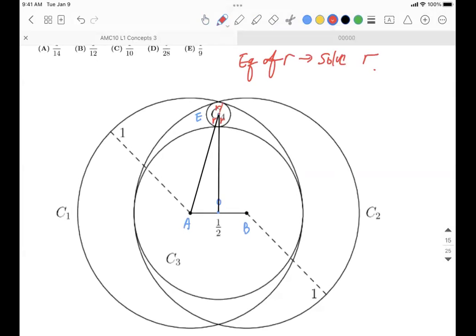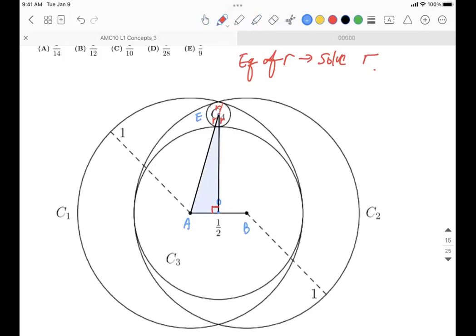Where can I find an equation? I think the very straightforward way is you have a triangle here. This triangle is very conspicuous. This is a right triangle. Hopefully, I can find some values and then solve thereafter.